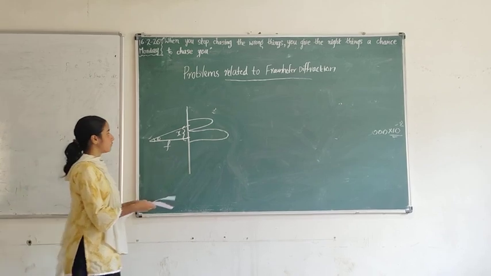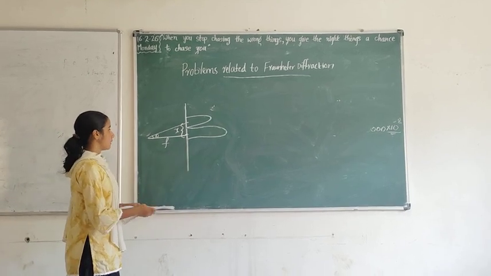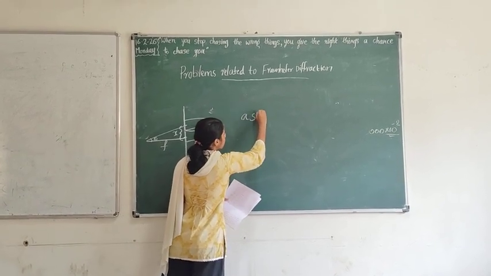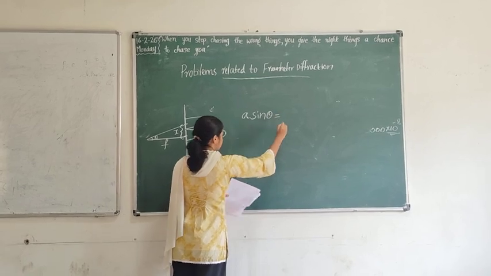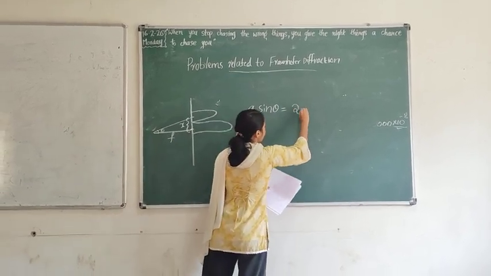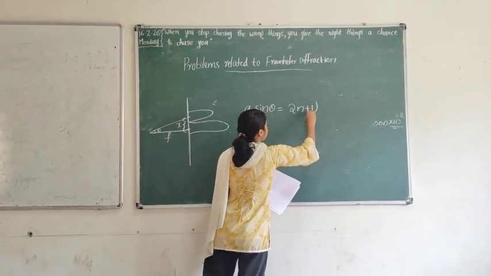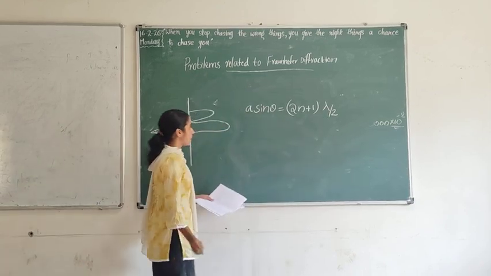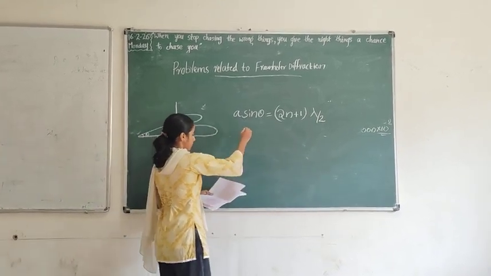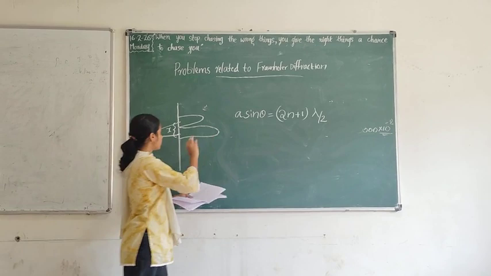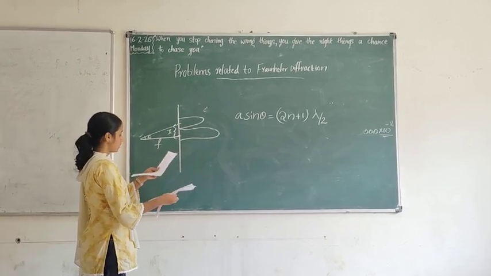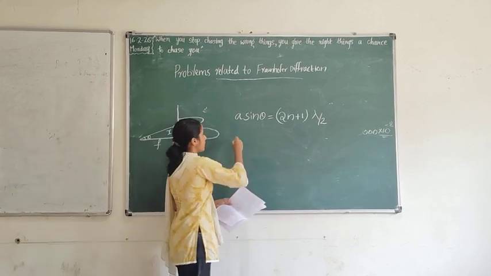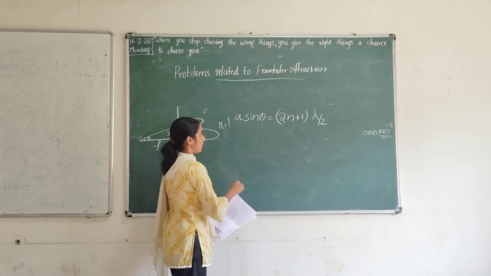We know the condition for maximum, that is a sin theta is equal to (2n plus 1) lambda by 2. In this question we need the first secondary maximum, so n is equal to 1.